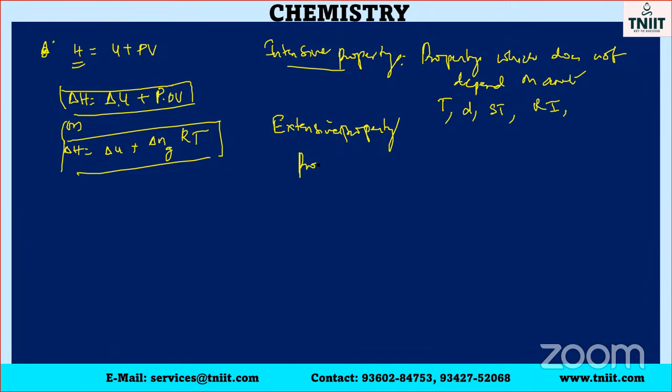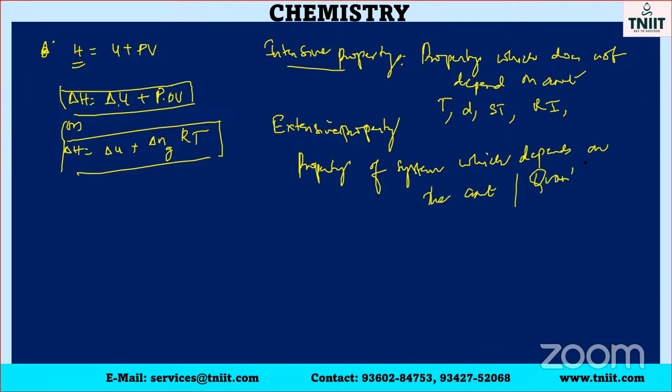Now, extensive property is the property of a system which depends on the amount or quantity. Examples for extensive property: heat, otherwise called enthalpy, is an example for extensive property. Entropy is an example for extensive property. Volume is an example for extensive property.